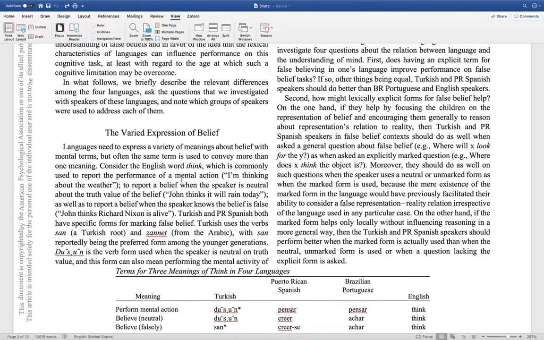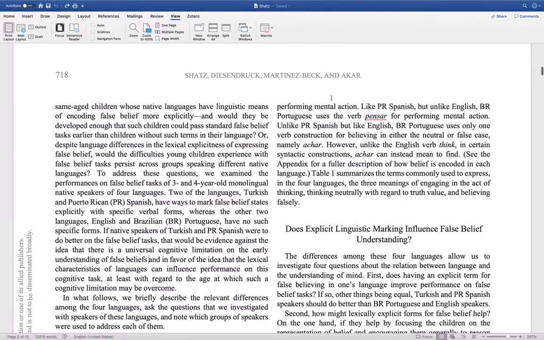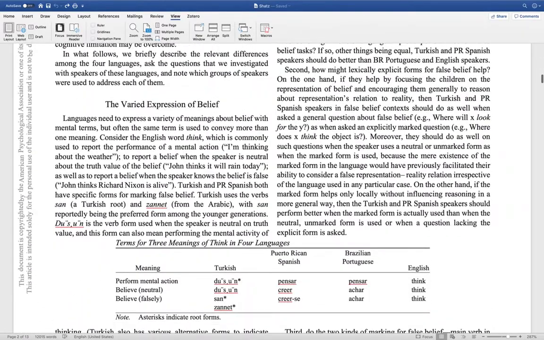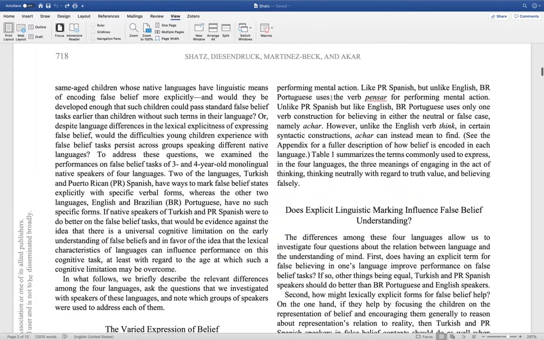And this form can also mean performing the mental activity of performing mental action. Like Puerto Rican Spanish, but unlike English, Brazilian Portuguese uses the verb pensar for performing mental action.